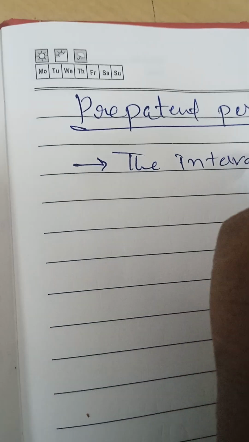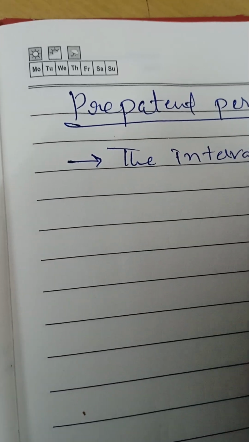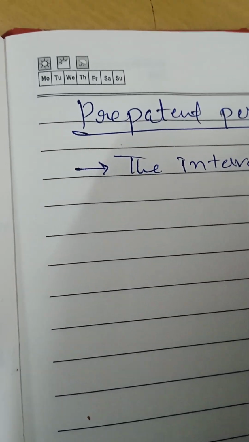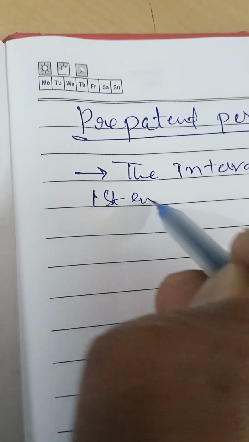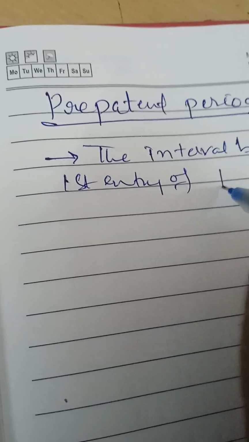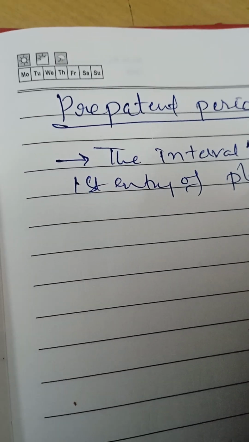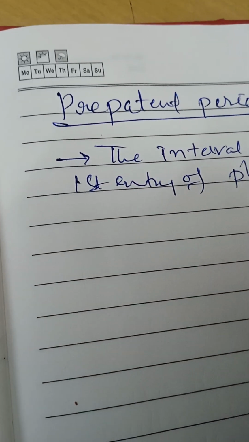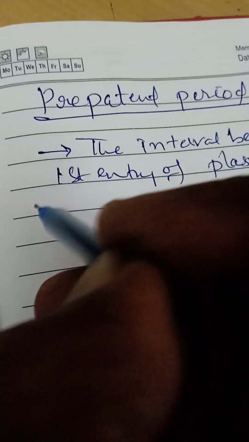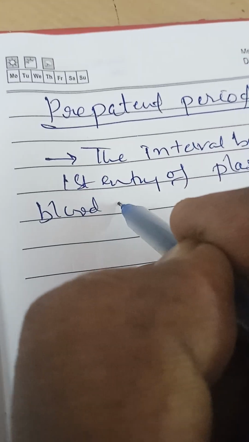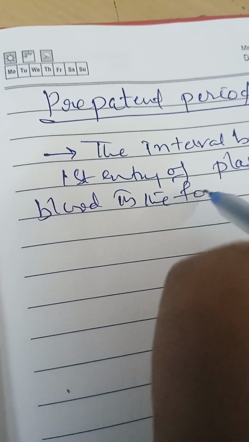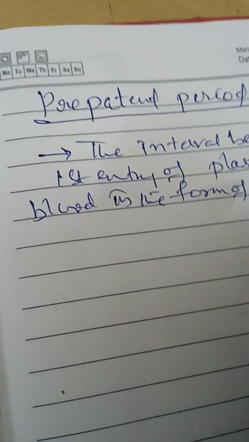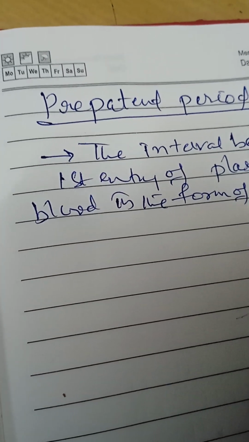The interval between the first entry of plasmodium in the blood, in the form of sporozoites.